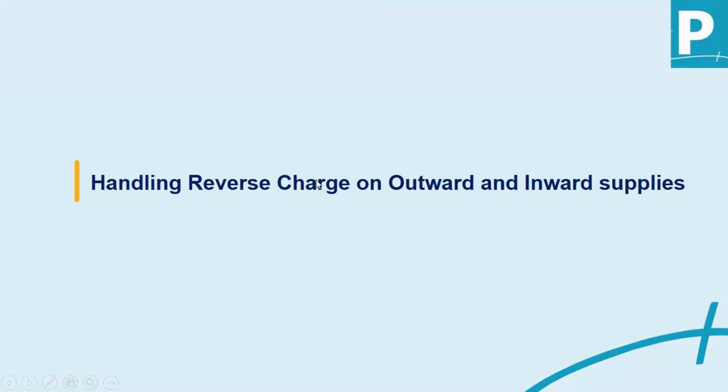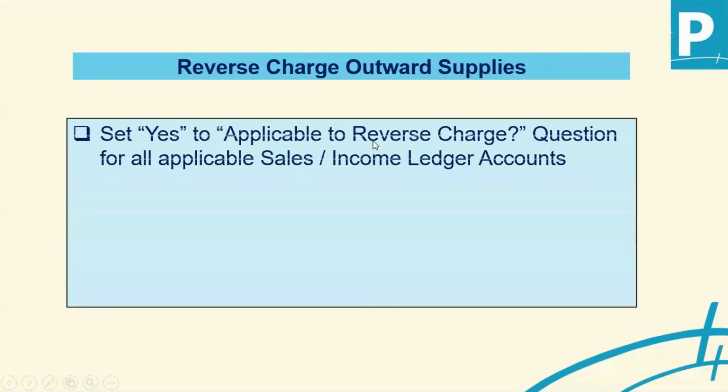Now we will move to handling reverse charges: reverse charge on outward supplies as well as reverse charge on inward supplies. We'll spend a few more minutes on these. For outward supplies, I don't know how many of you are handling this.